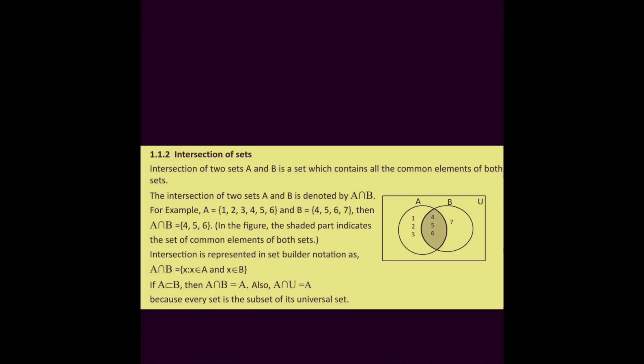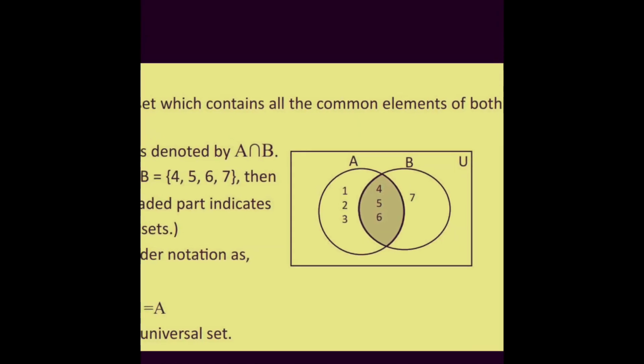And this shaded portion is for A intersection B. 4, 5, 6 is in the shaded portion. So A intersection B in the Venn diagram is represented by the shaded portion.